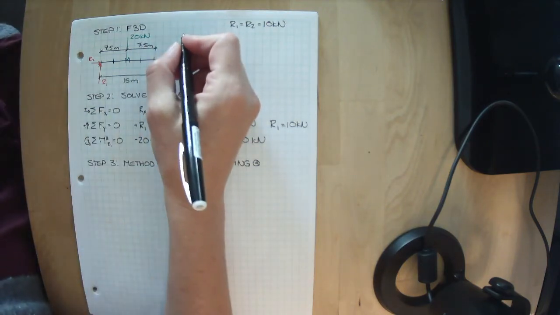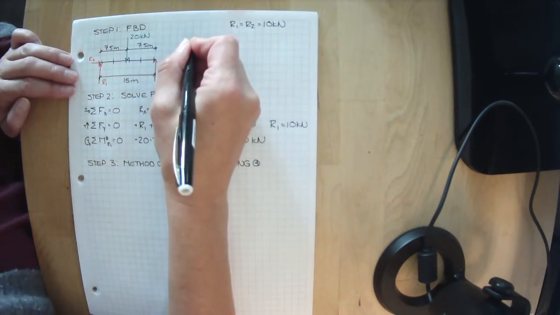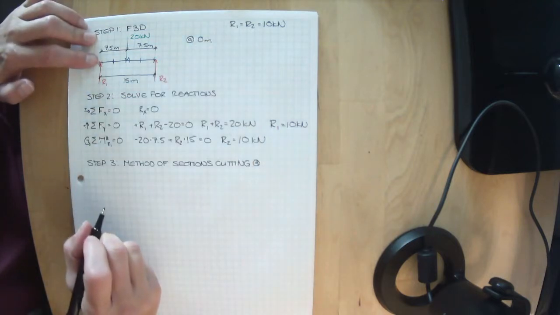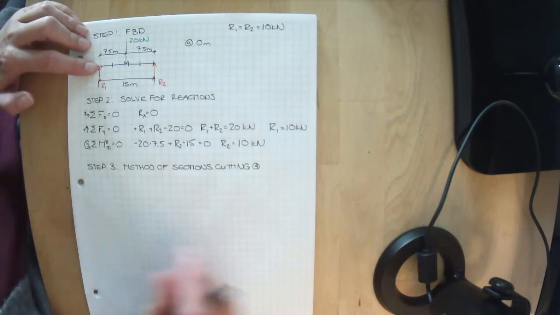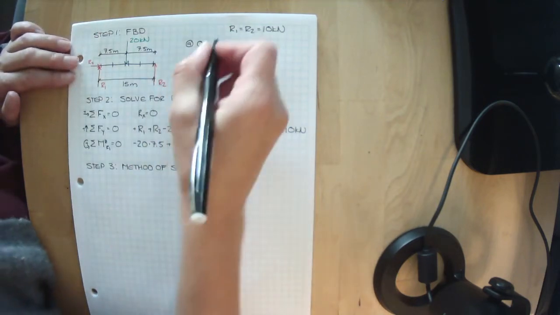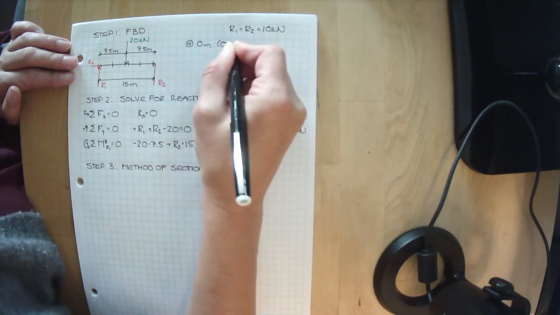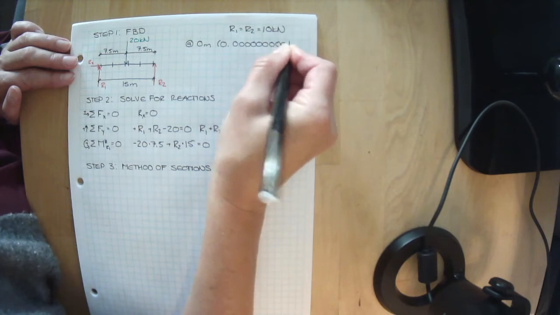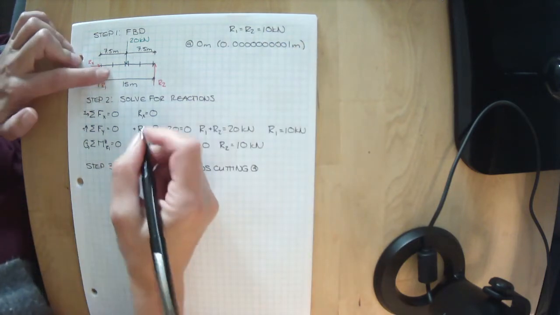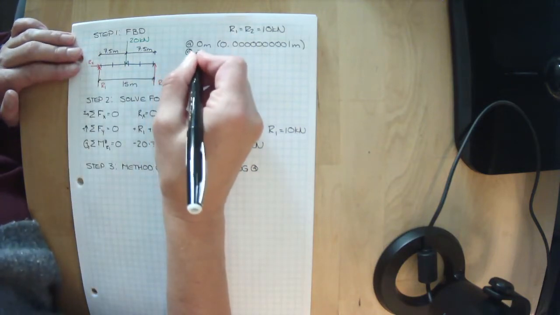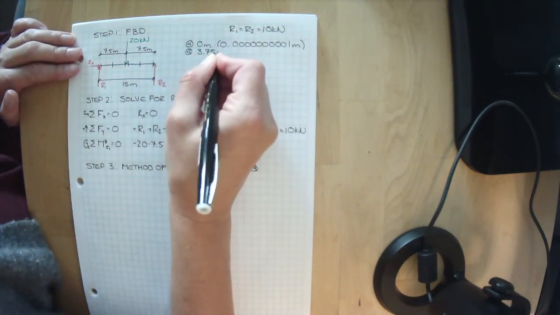So let's talk about what I mean by that. I'm suggesting let's cut at 0 meters. So right here. But when I say at 0 meters, I mean just after reaction 1 is on this beam. So really, I'm saying at 0.00000000001 meters. And then let's cut somewhere between 0 and 7.5, so at 3.75 meters.